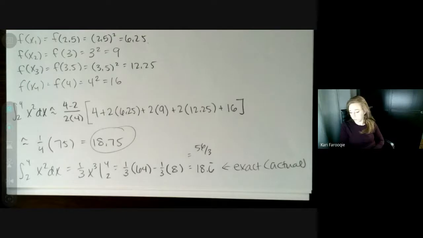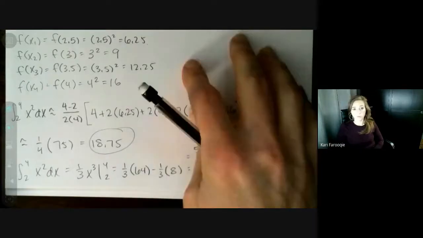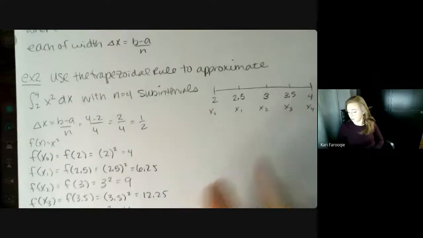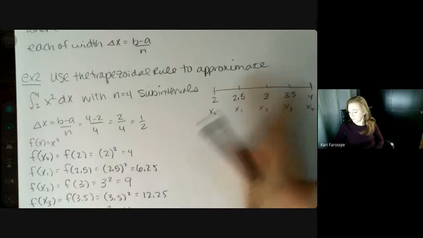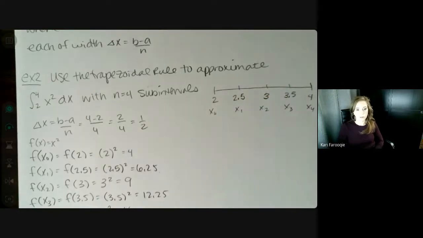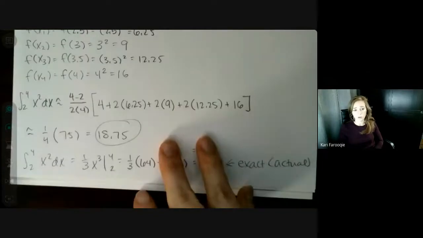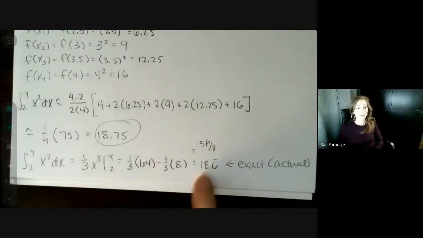You could split this up into 8 subintervals instead of 4. And that would be a little bit easier to work with too, because you would just be getting midpoints at that point, and then just sort of working with including those midpoints into your calculation and see how much closer you can get to the actual value.